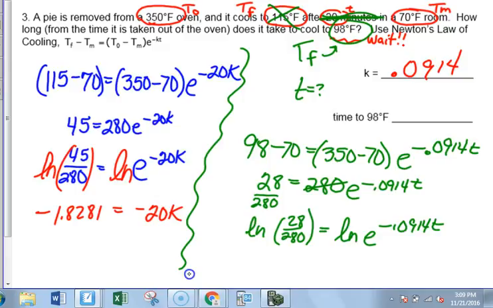Sounds right. I remember from earlier today. 25.2 roughly.